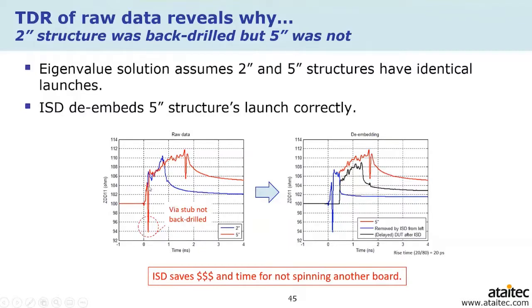So obviously it violates the one big assumption of delta L or eigenvalue solution, because the launch structures are not identical. And in ISD, we say, okay, we don't really care about short trace impedance. We just follow the long trace impedance to do that embedding. So the end results are nice and smooth without causality error.